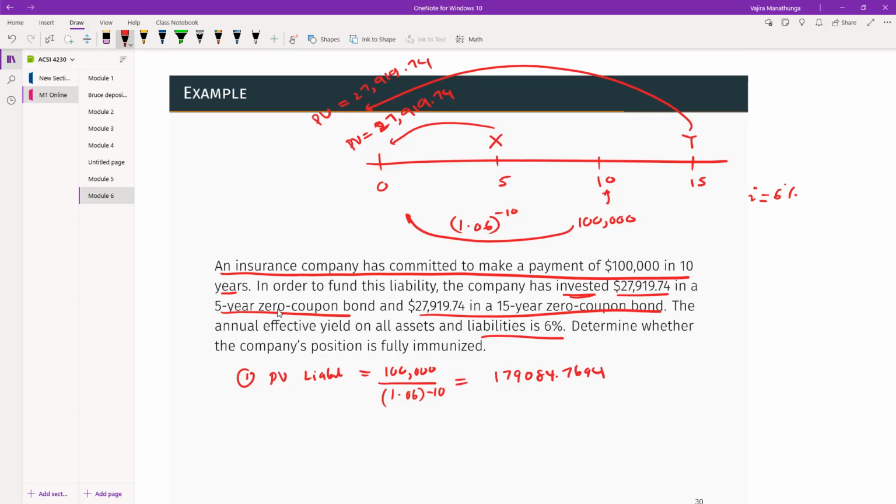This looks like maybe the rate is not right. Let me see. So 100,000 in 10 years.